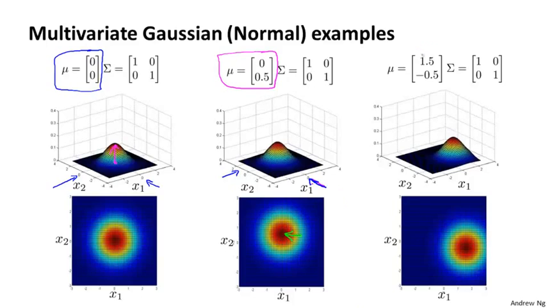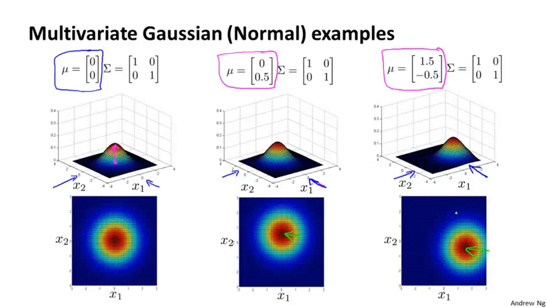And if mu was 1.5, -0.5, then again similarly the peak of the distribution has now shifted to a different location corresponding to where x1 is 1.5 and x2 is -0.5, and so varying the mu parameter just shifts around the center of this whole distribution.